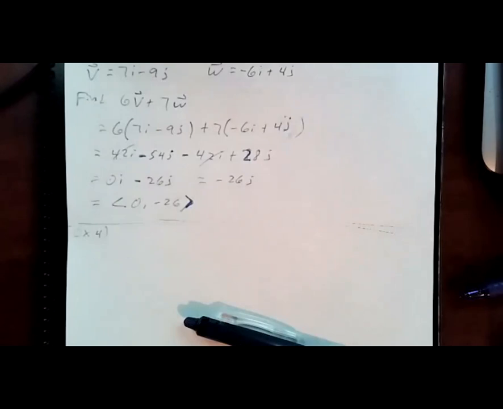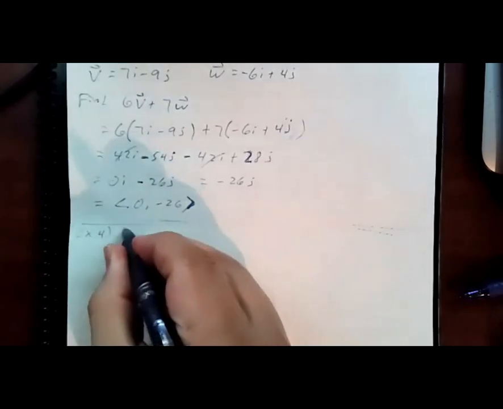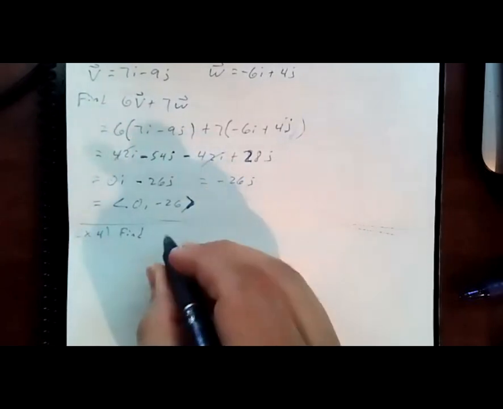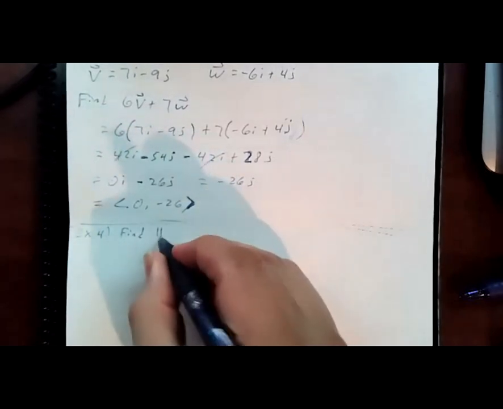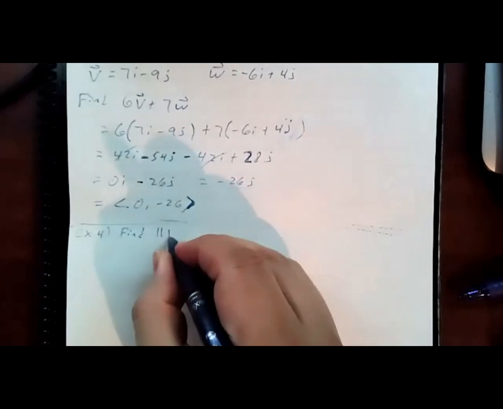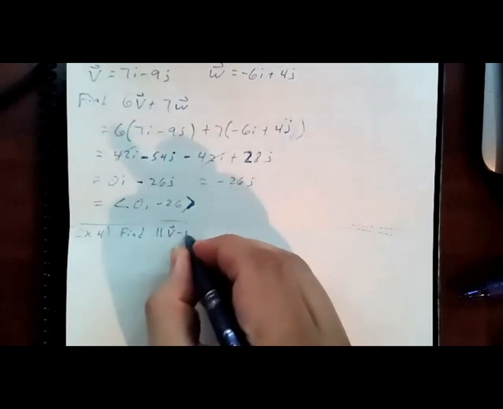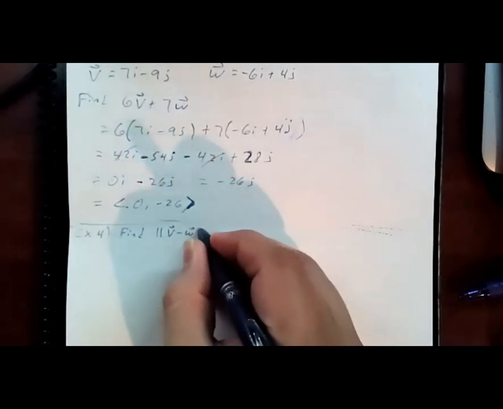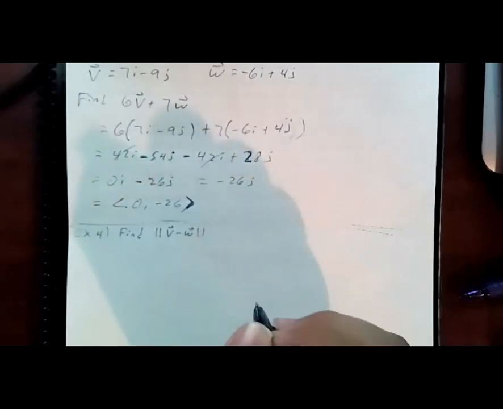So let's see here. Find the magnitude. See the little symbol here. V minus W. These are both vectors.